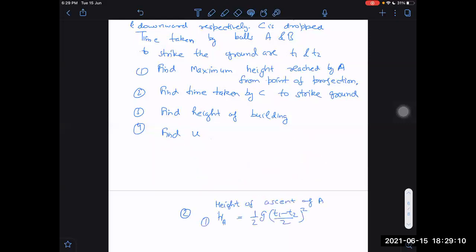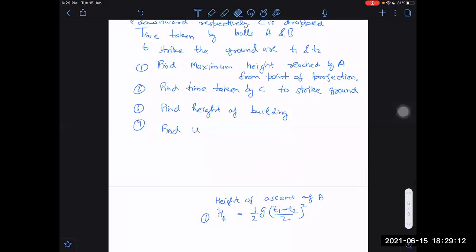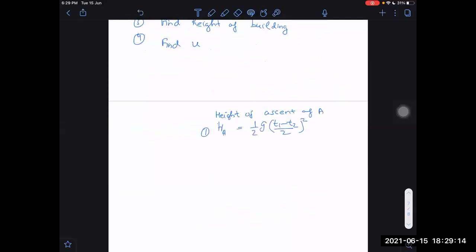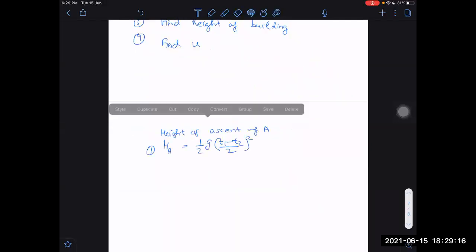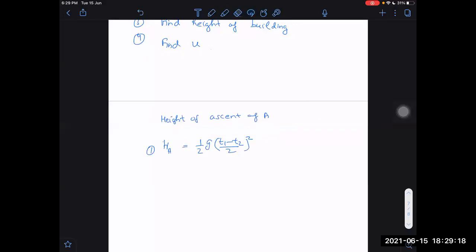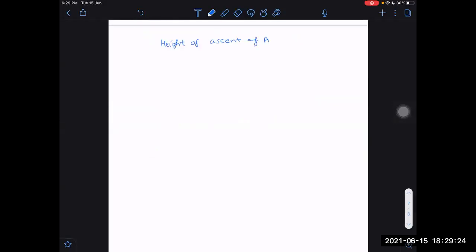I think it is right only. Let me find out myself. Height of ascent of it. This answer is right, but how did you get it? Sir, it was the easiest of all to obtain, very simple. We know the time taken by A to go from here to here.